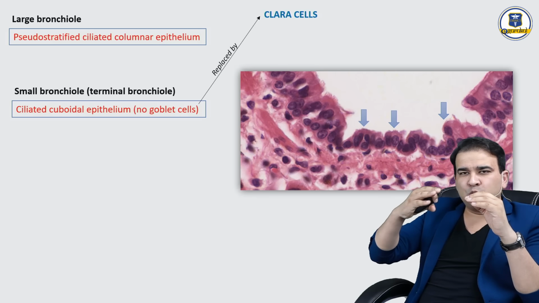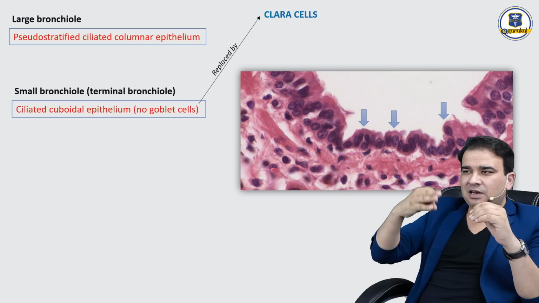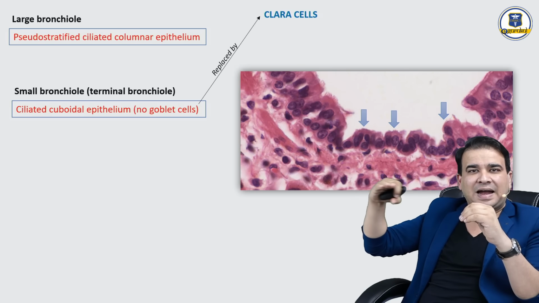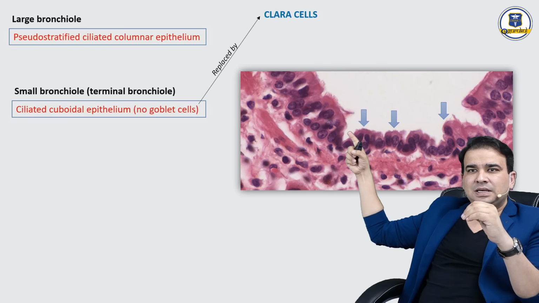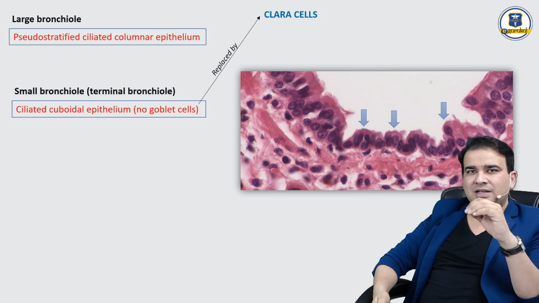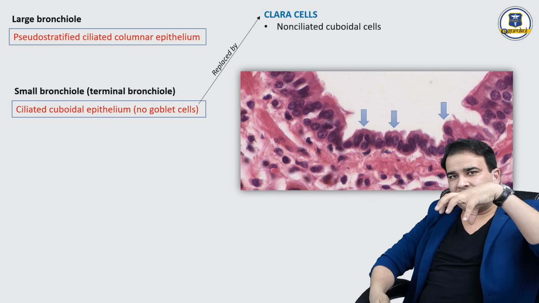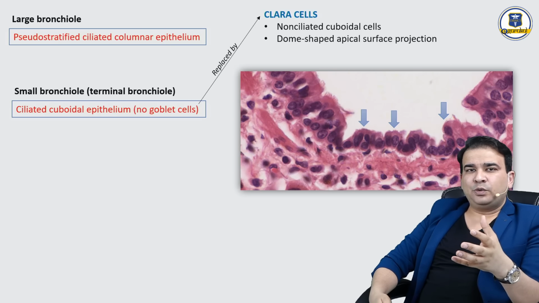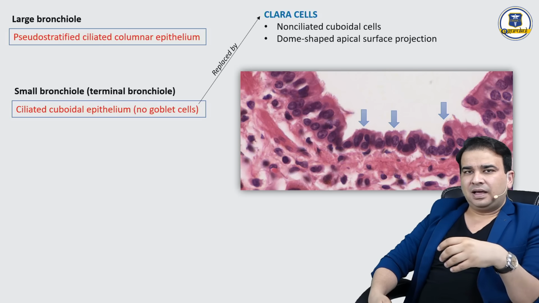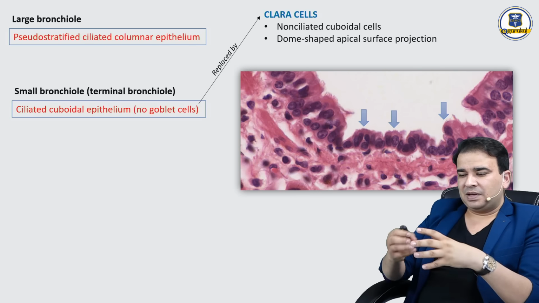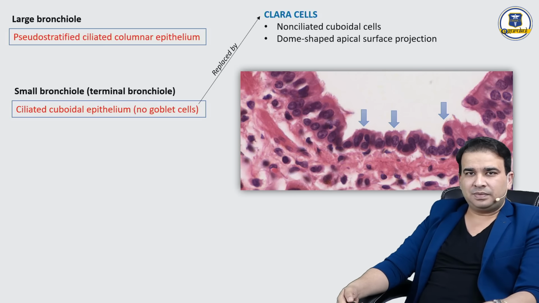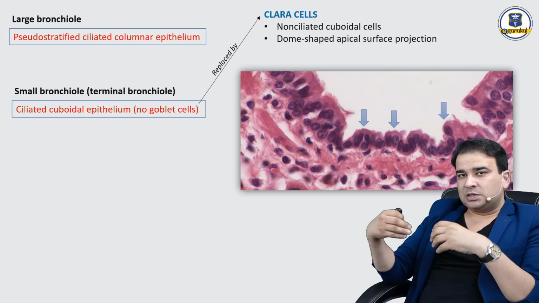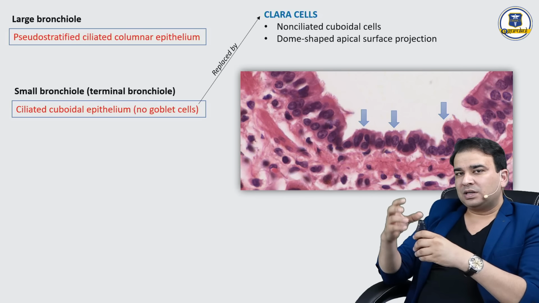Because when you look at the usual ciliated columnar epithelium, you can see those cilia, and their surface looks flat. But in these cells, where you can see the arrows pointing, these are the non-ciliated cells, and they have an apical surface which is more dome shaped. As I already said, they secrete the surfactant, and that surfactant keeps the distal part of this airway patent. It prevents the collapse of the distal airway. See, in the proximal part of the airway, we have the cartilages.